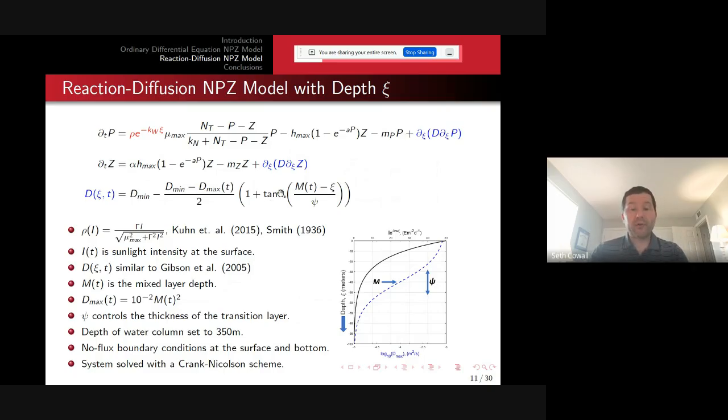All I really needed to do is divide the ocean into an upper mixed layer and a calmer lower ocean, and have the thickness of that mixed layer change in time.